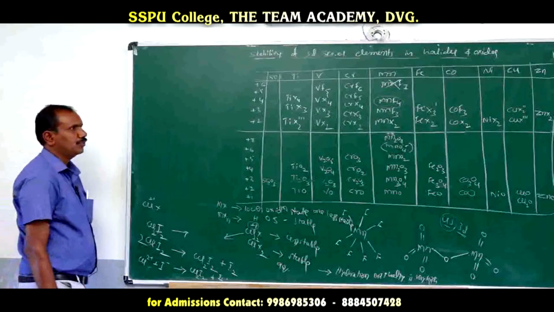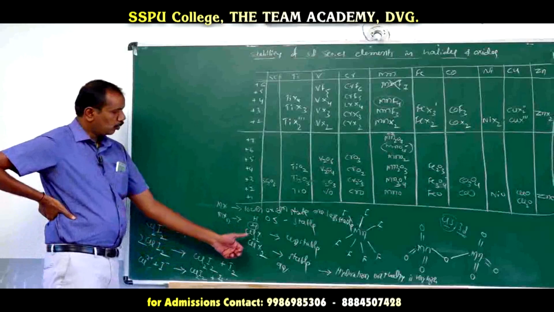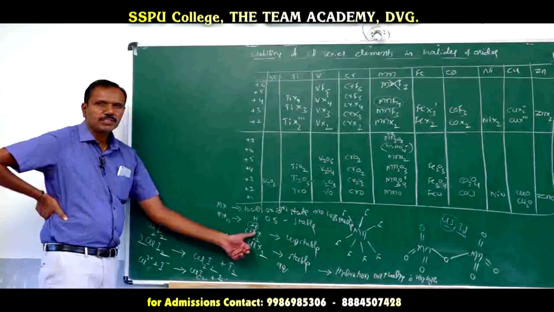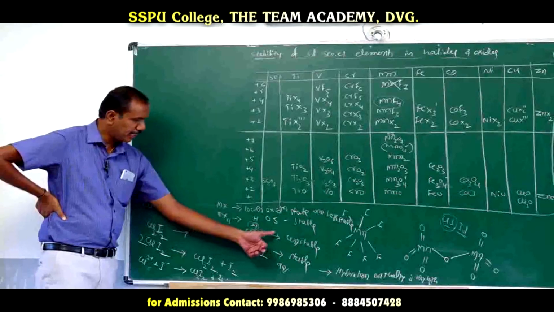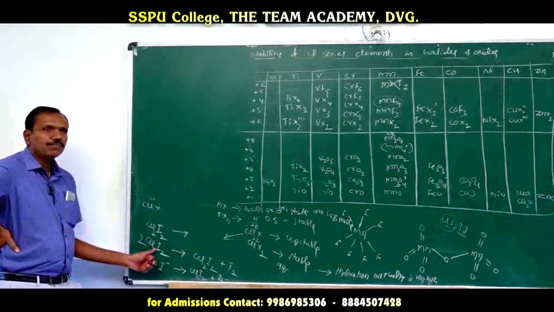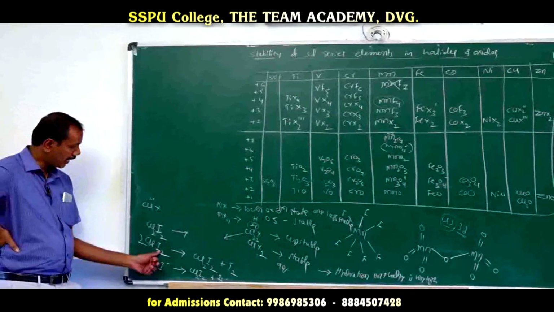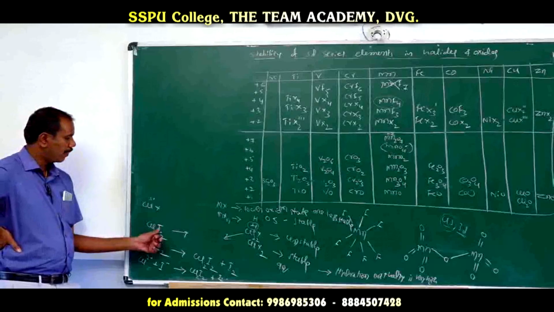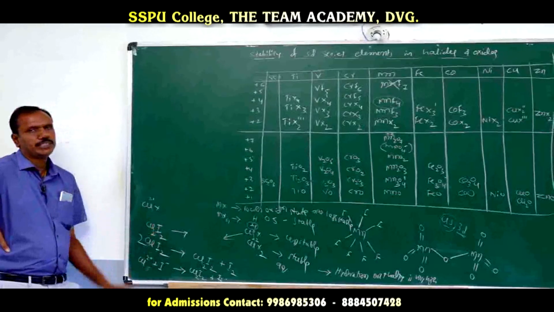Yes, so it is an exceptional condition. We should remember one thing: metal halides in the higher oxidation state are more stable than those metal halides in the lower oxidation state. But in case of copper, only in the form of iodide, the +2 state is less stable than copper in the +1 state.